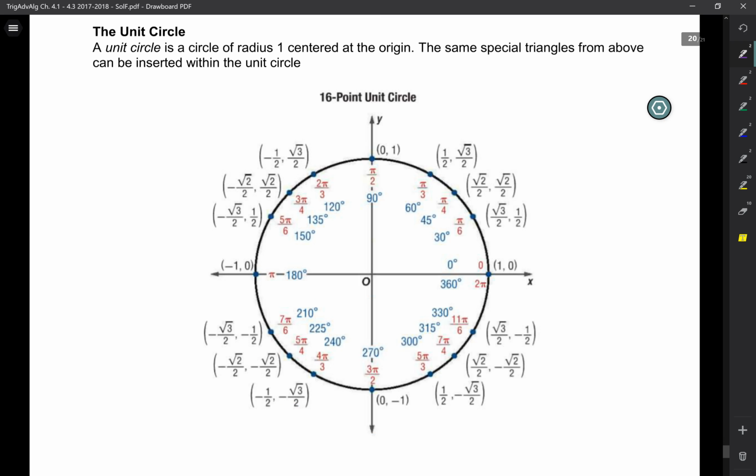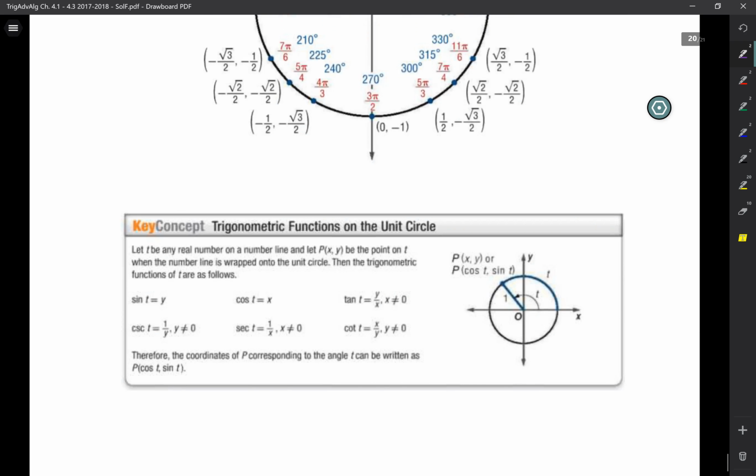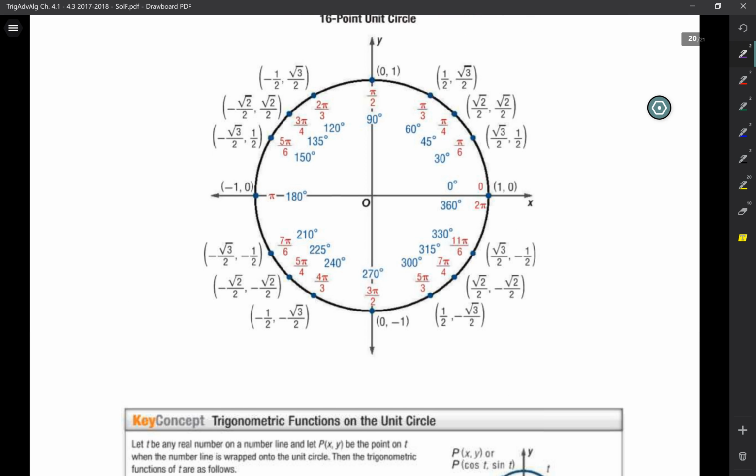All right, so we said the unit circle is a circle with a radius of 1. Okay. So now, if I want to talk about the 30 degree, that's right here. All right. The 30 degree has 2 lengths, right?